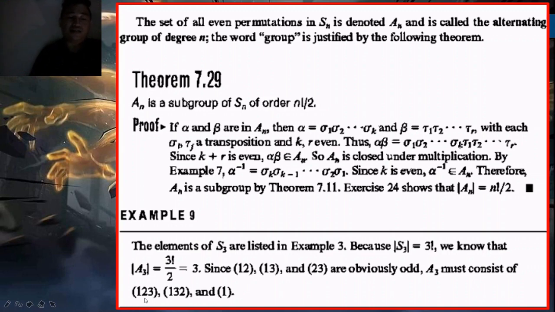(1 2 3) is equal to (1 2) times (2 3), a product of transpositions. Then (1 3 2) is equal to (1 3) times (3 2), which is (1 3) times (2 3); we can reorder since 2 is smaller than 3. And the identity is (1 2) times (1 2).